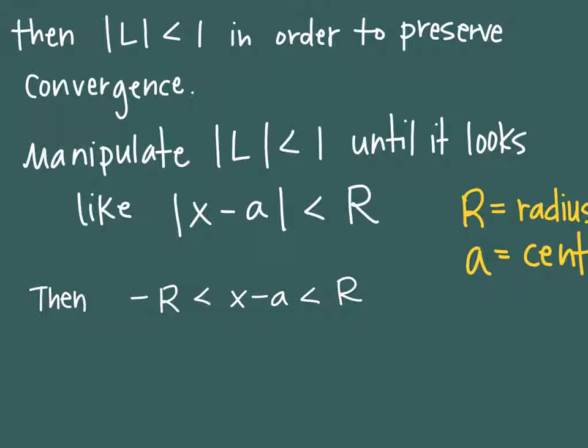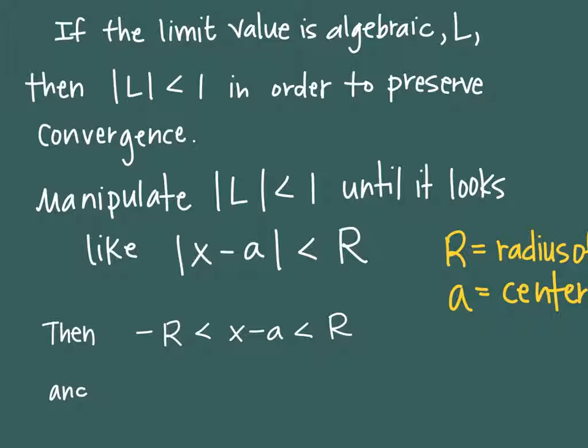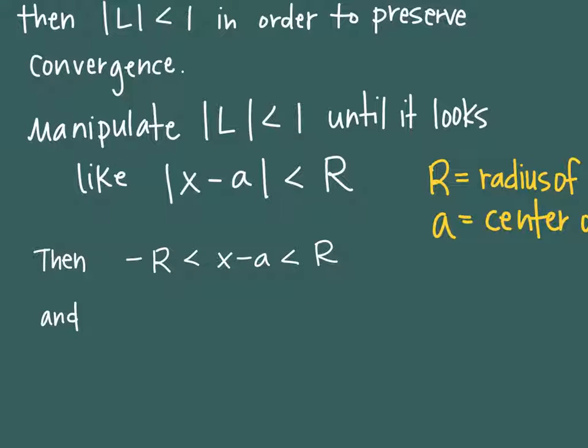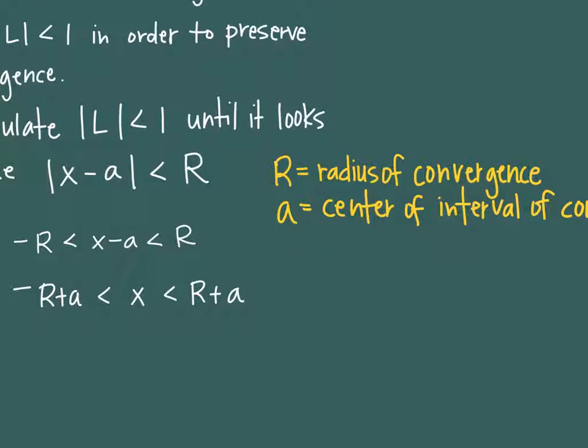Add a to everything. So negative R plus a will be less than x by itself, which will be less than positive R plus a. And when it's in that form, that is called the interval of convergence.